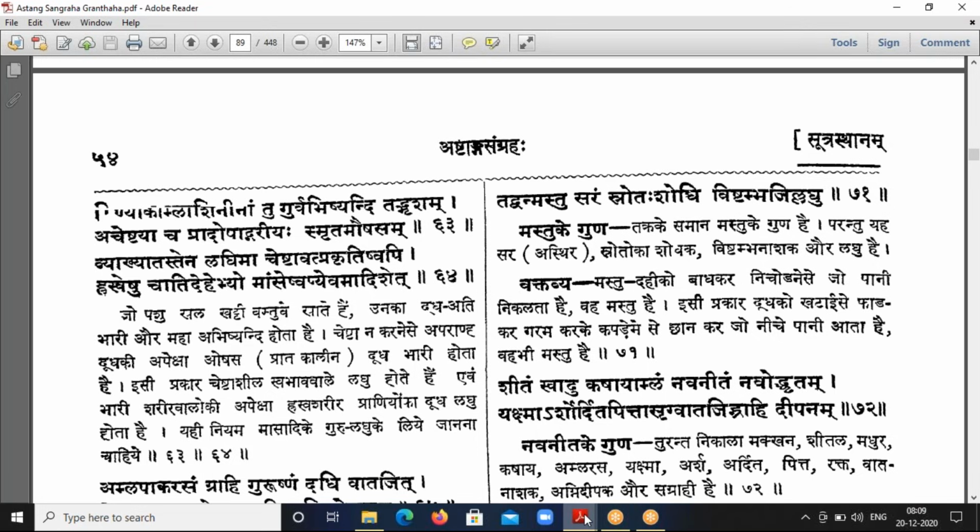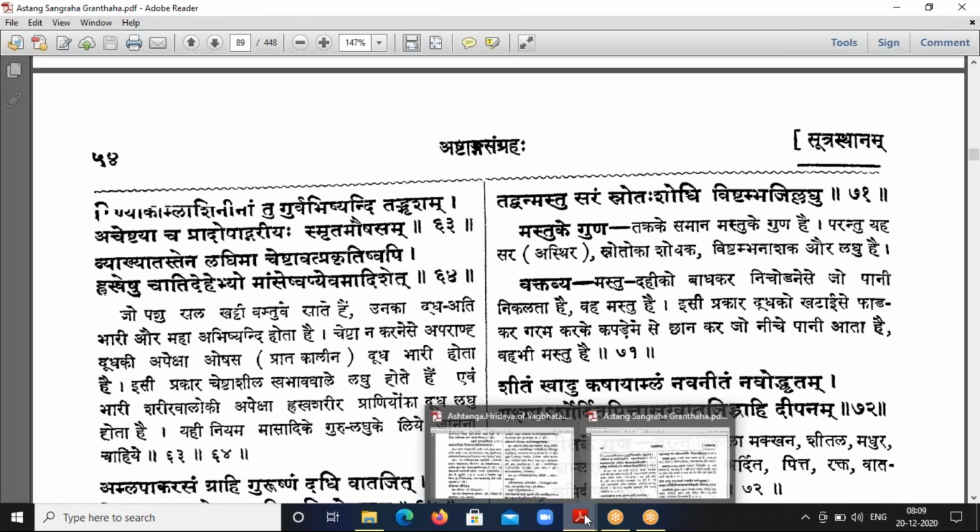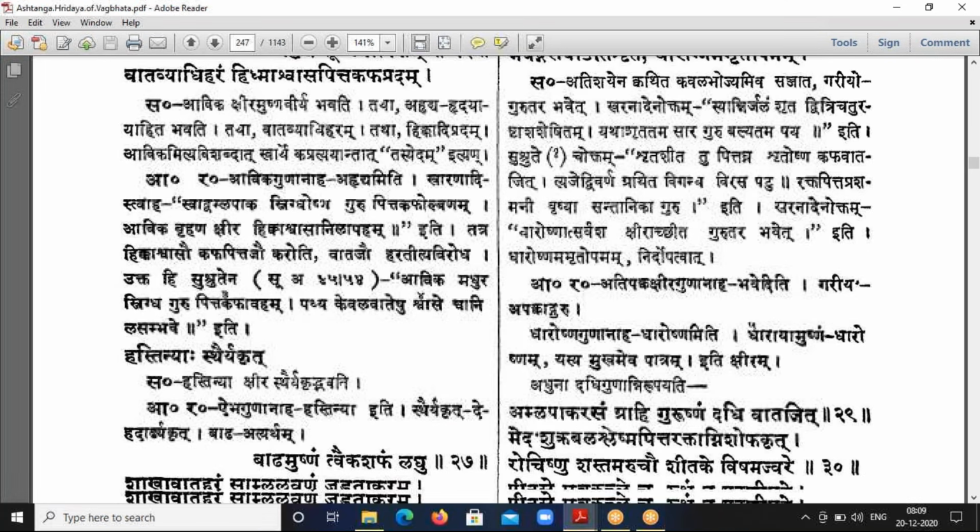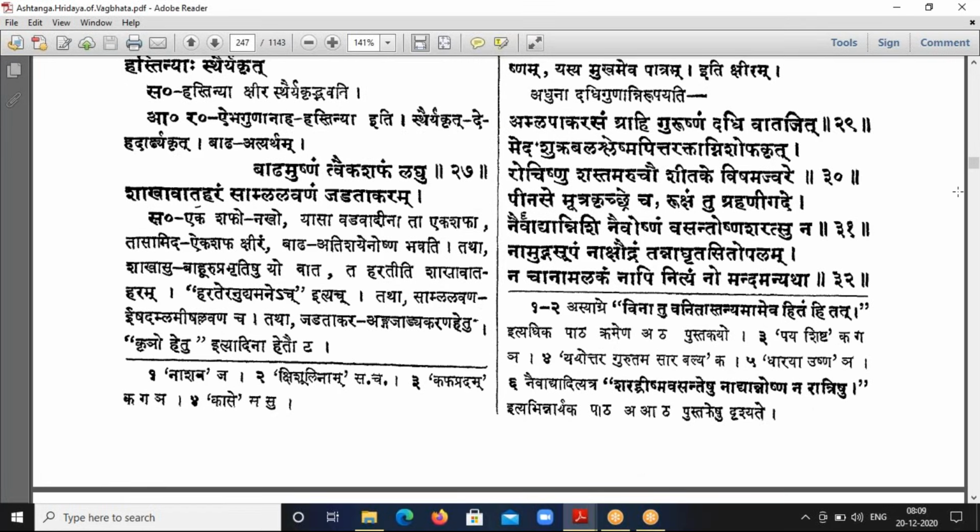Amlapagarasam grahi gurushnam dadhi vadajit.